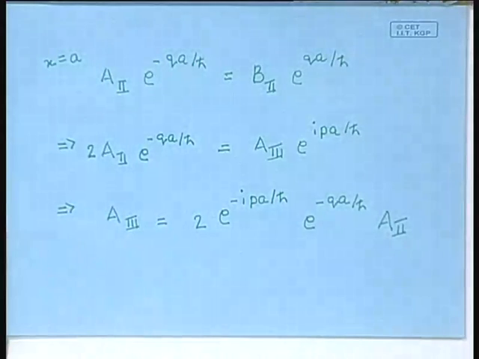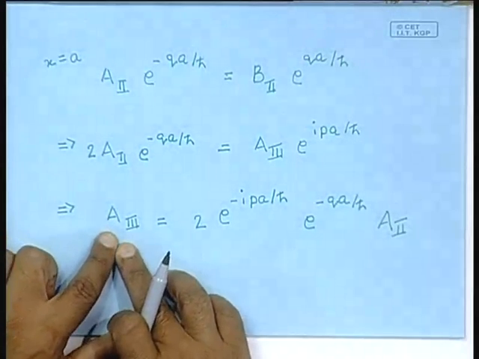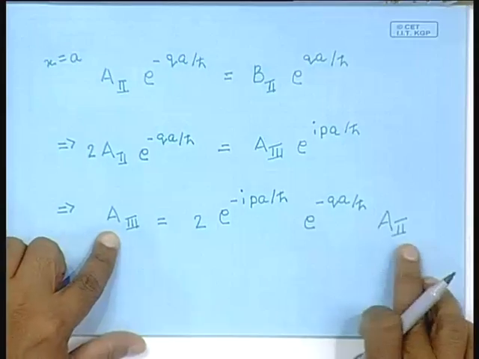So, what we have now is a relation between A3 and A2.